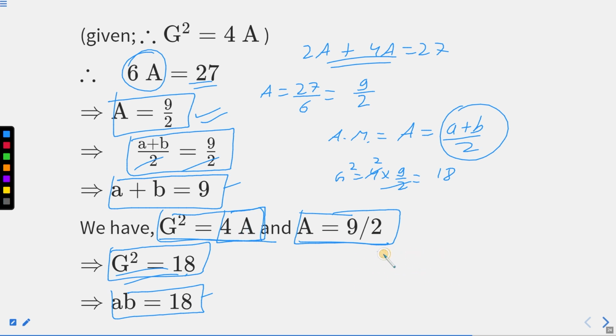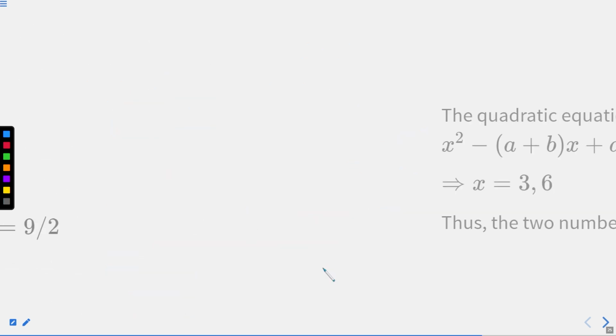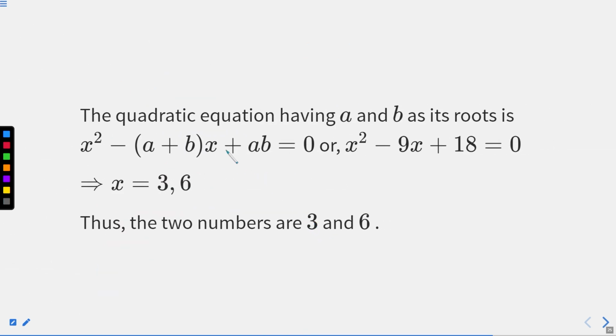It is very clear. If the sum is 9, think in the quadratic roots way: if an equation is given, it is x square minus (sum of roots) x plus product of roots equal to 0.